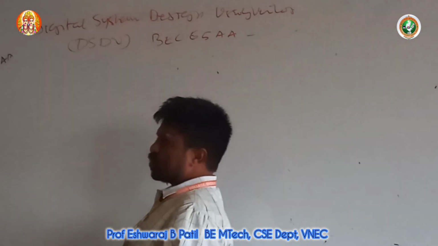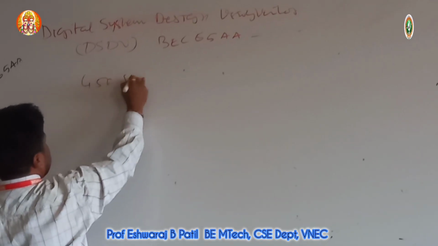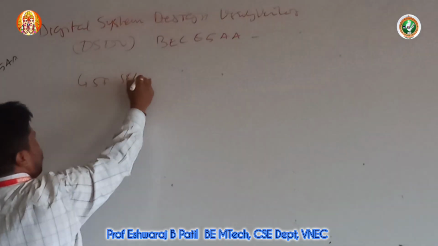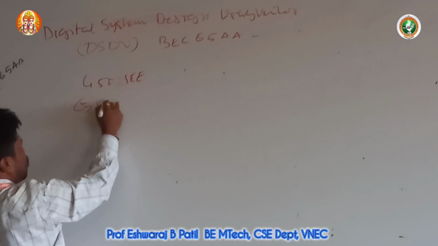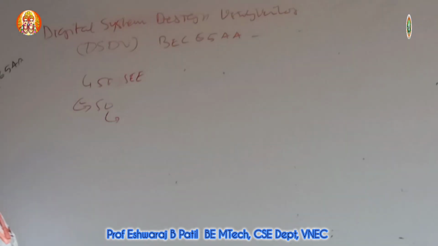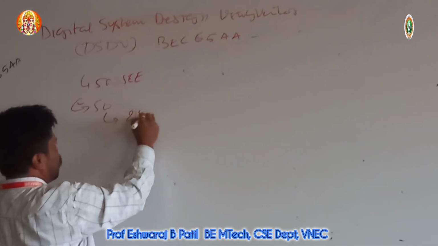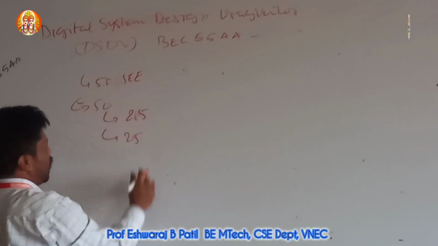The subject code is BEC654A. It is 100 marks: 50 marks for the main examination and 50 marks for internals. The 50 internal marks are divided into two: 25 marks for the internal examination, and the remaining 25 marks for other work.